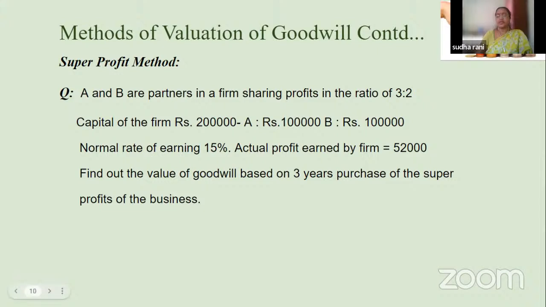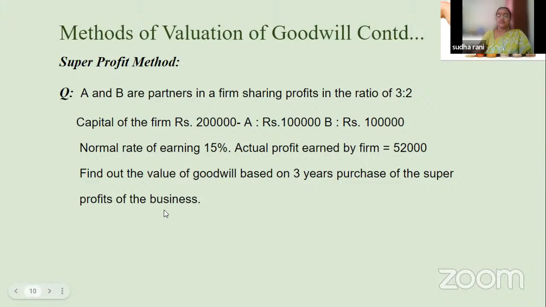This information will be given to you. I'll repeat once again. Capital of the firm is important, then normal rate of return is important, then expected profit or actual profit earned by the firm is important. This anyway will be given. Then how to do? Super profit means actual profit minus expected profit.